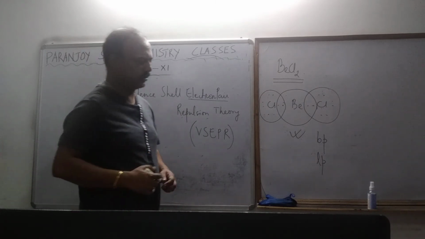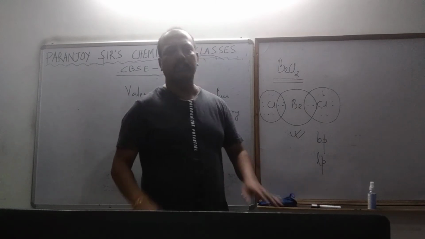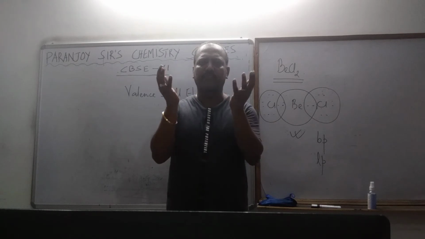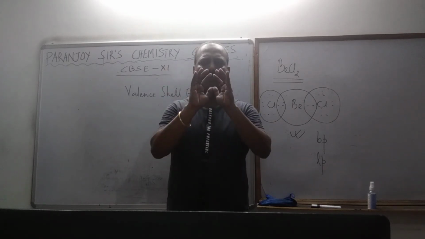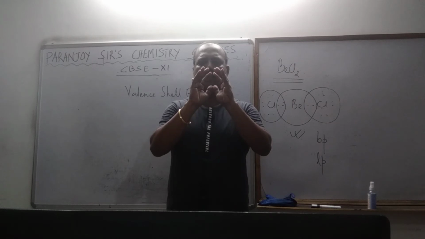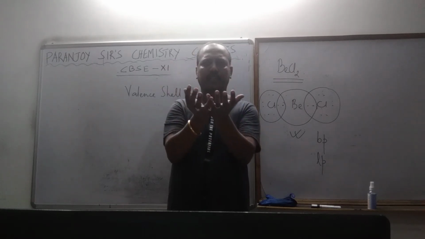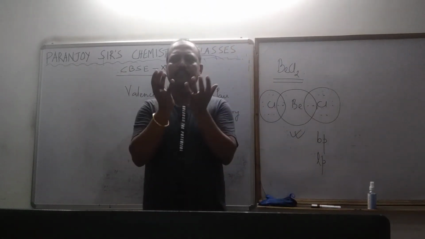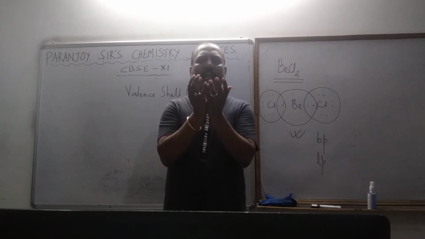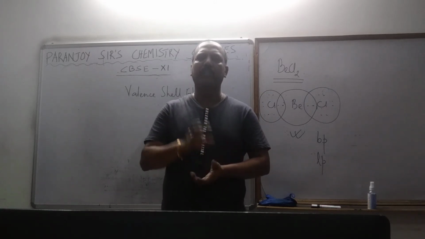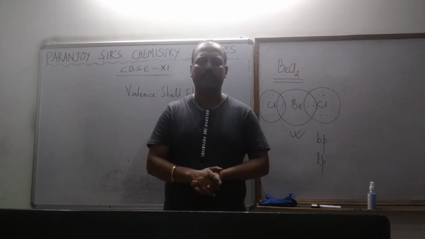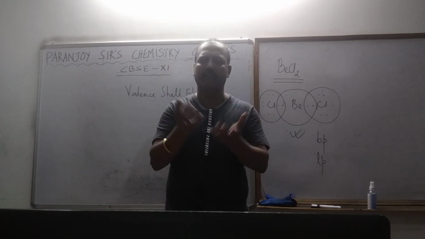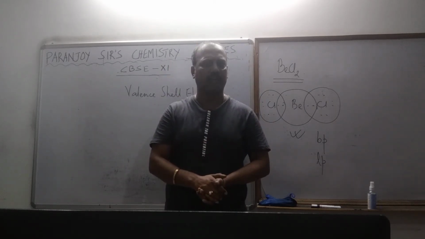Repulsion theory. What is this now? In this theory, the valence shell of the central atom is considered as a sphere. The electron pairs present in it are at the surface of the sphere.